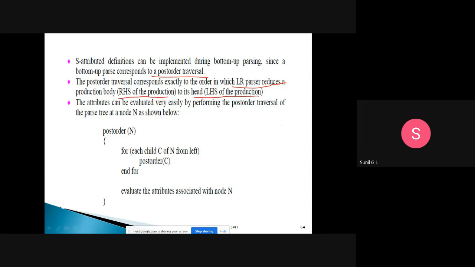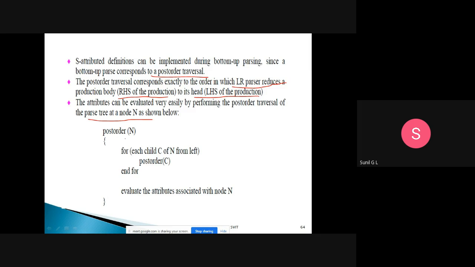So post order traversal is the same as LR parser reductions. The attributes can be evaluated very easily by performing a post order traversal of the parse tree.